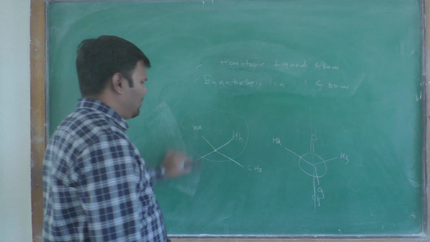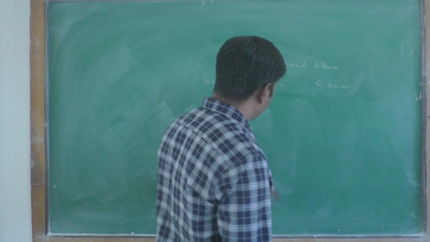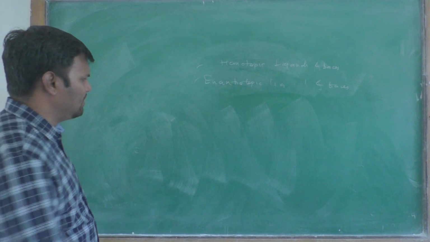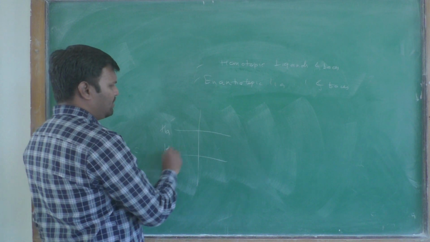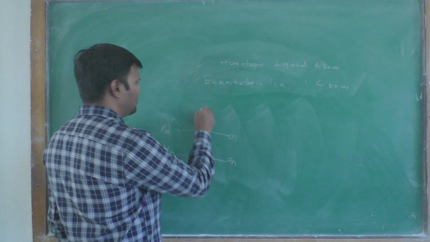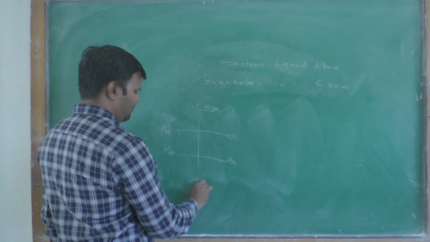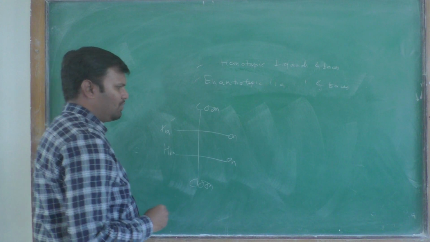We have previously seen the example of tartaric acid, with HA and HB. We consider these groups as enantiotopic groups.